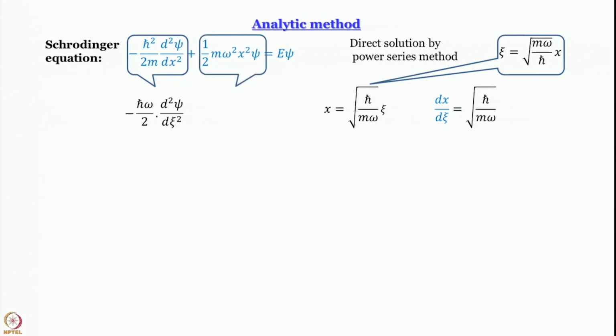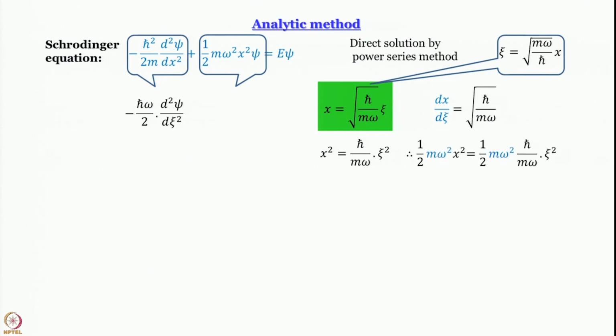Now, let us work out the second term. This is much more straightforward, because all we have to do here is that instead of x square we have to write the term in xi square, and that is very easy. Square of it, what will it be? x square is equal to h cross by m omega multiplied by xi square. It is as simple as that. So, half m omega square x square will be equal to half m omega square multiplied by h cross by m omega xi square.